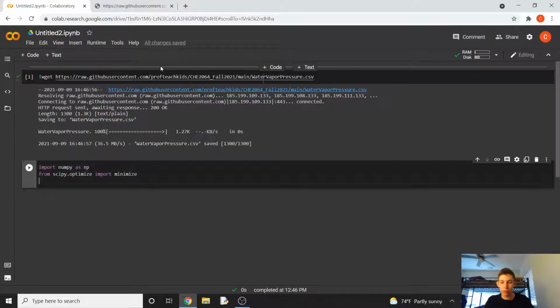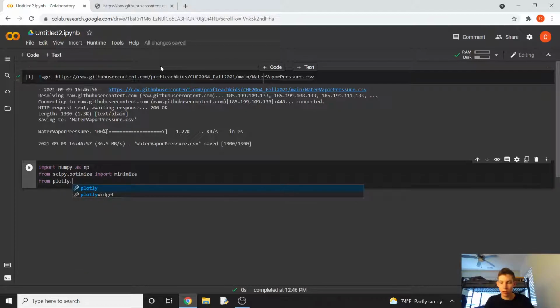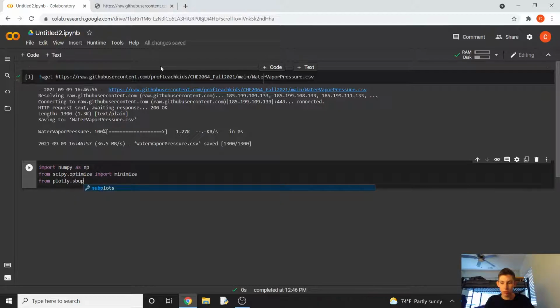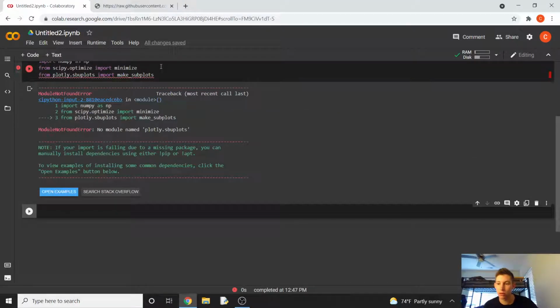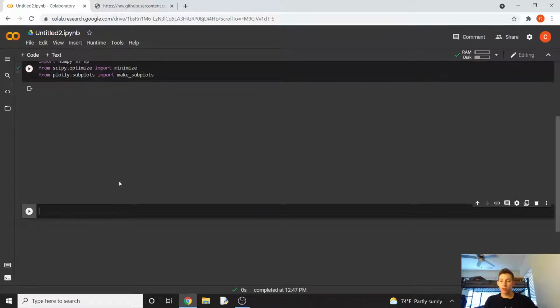And then also for the plotting, I believe it's from subplots, import make_subplots. So all of these should be good. Okay, we have a problem. Oh, I misspelled this here. So we should be okay.